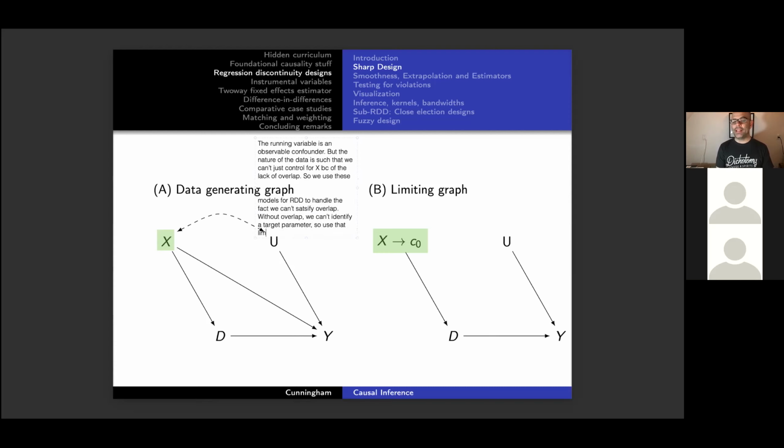So we use that limiting target parameter. X is a confounder and it's observable. That means RDD is a selection on observables problem. But you use these functional form solutions to isolate causal effects.